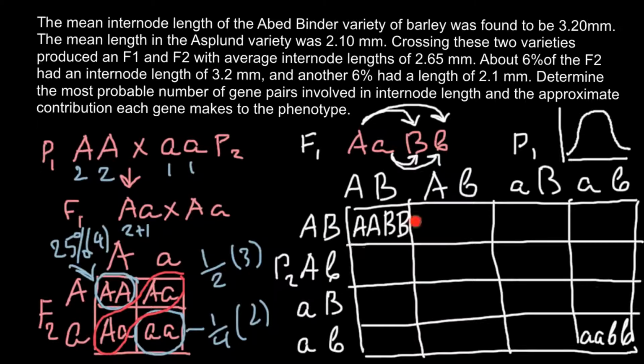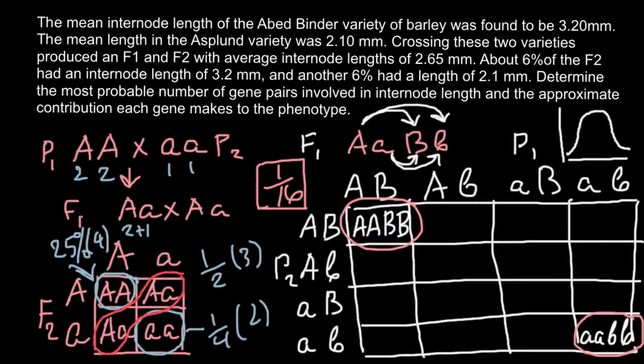And this extreme genotype, as you see, would occur in 1/16 frequency, and this one would also occur in 1/16 frequency, because here we have 16 cells, and each extremely large genotype would occur in this frequency, and the extremely small genotype would also occur in this frequency.